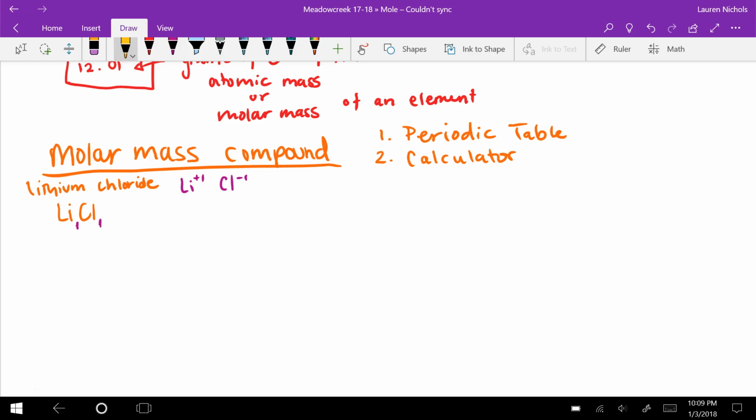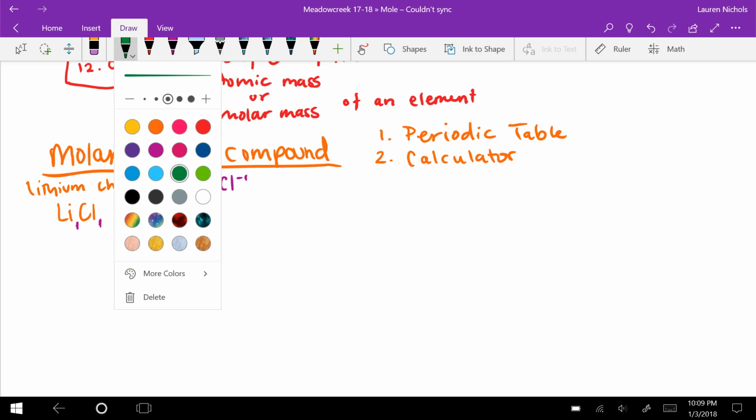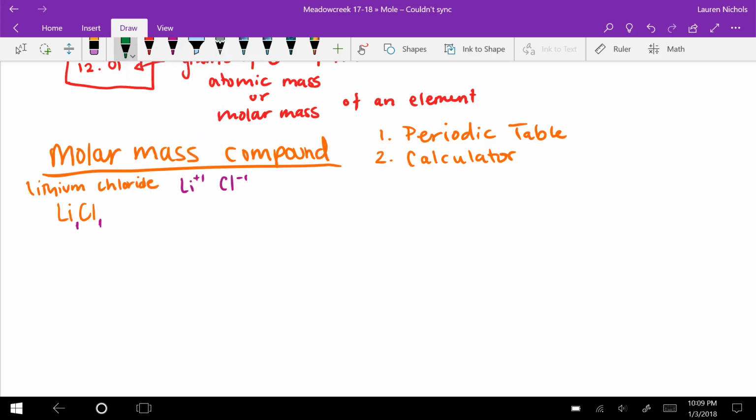So what we're going to do is calculate the molar mass of lithium chloride. And so what we'll do is list out our elements separately. So we have lithium and chlorine. We'll write up the number of atoms of each one. So I have 1 atom of each. And I'm going to multiply them by the atomic mass from the periodic table for each element.